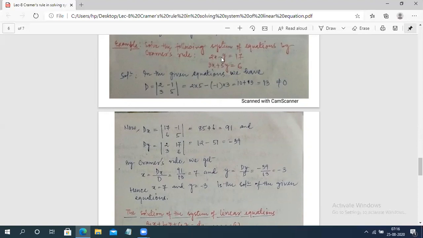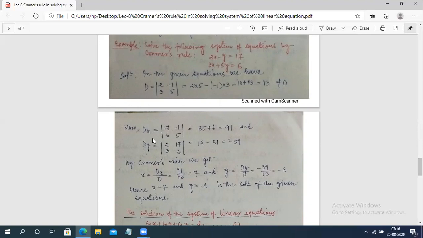The coefficient of x is 2 and 3, so the first column is 2, 3. The second column, the coefficient of y, is -1 and 5. Its value is 13, so it is non-zero. We can use Cramer's rule. In the next step, you have to find the value of dx and then dy.